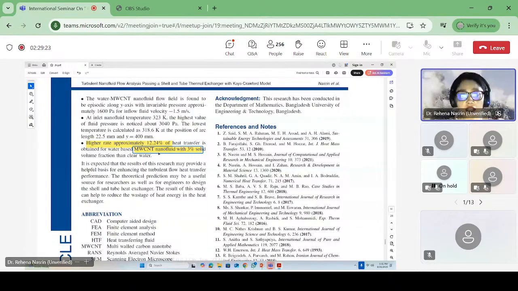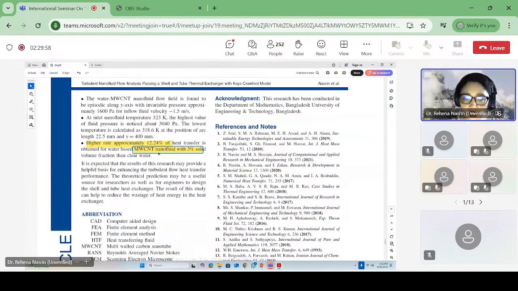That means if we have 1 liter of fluid, then 0.97 liter is water, 97%, and only 3% is multi-wall carbon nanotube nanoparticle in powder form.